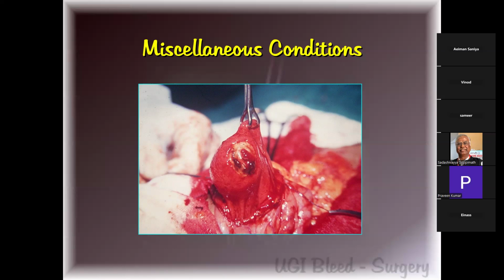You can see all the cherry red spots, three or four of them. It's a visible vessel on an ulcer on a lump. GIST, sir? This is a classical GIST. You cannot miss it. So we just excised the whole lump there and then stitched up the posterior wall and then the anterior wall, and that is all there is to it.